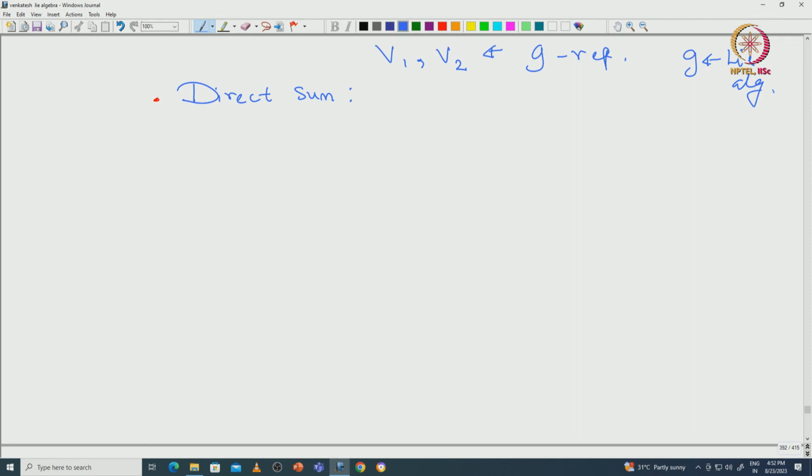Given these two representations, we want to construct the direct sum. The direct sum as a vector space is just the Cartesian product of pairs (x, y), where x is coming from V1 and y is coming from V2.